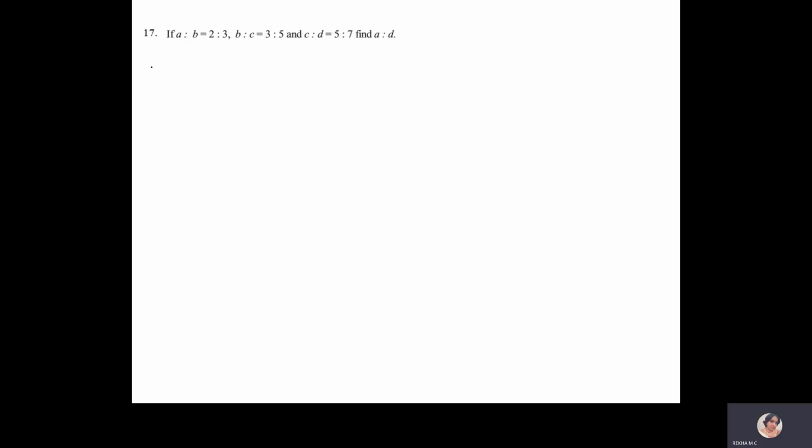Seventeenth question. If A is to B is equal to 2 is to 3, B is to C is equal to 3 is to 5, and C is to D is equal to 5 is to 7, find A is to D. This can be written as A by B into B by C into C by D is equal to 2 by 3 into 3 by 5 into 5 by 7.